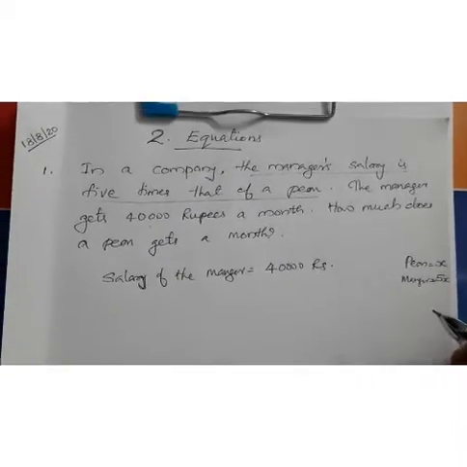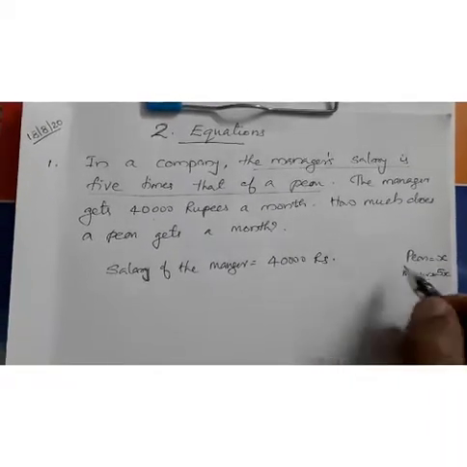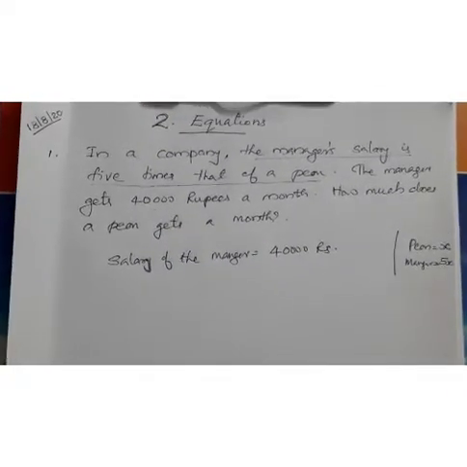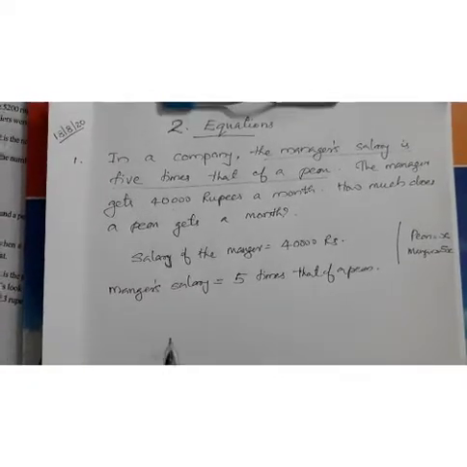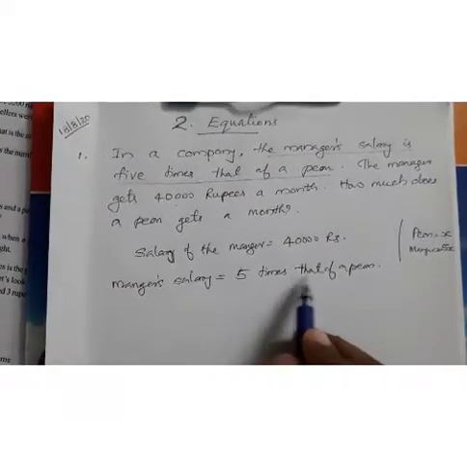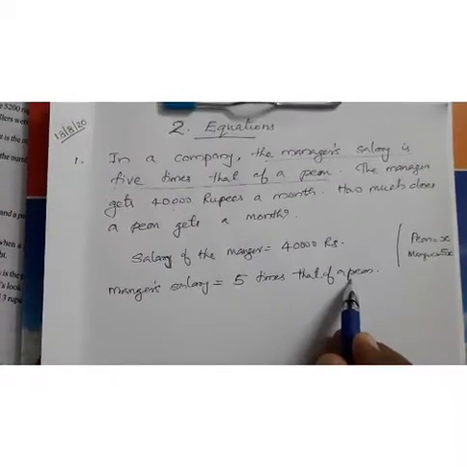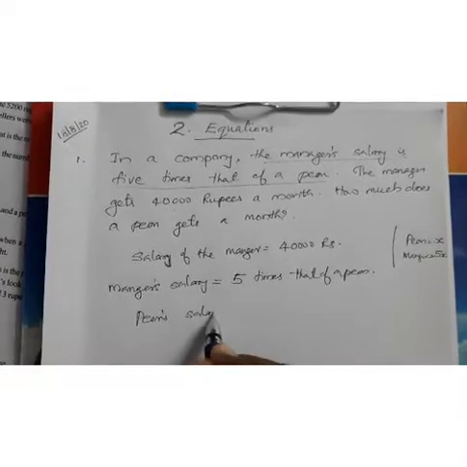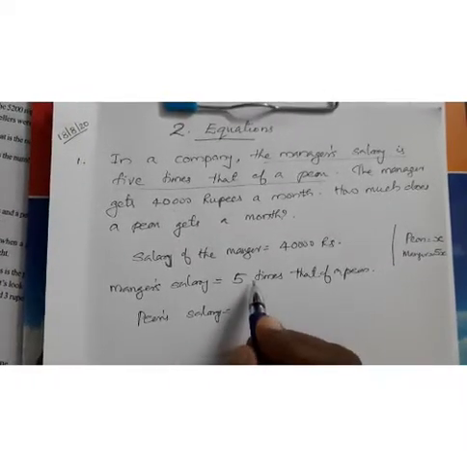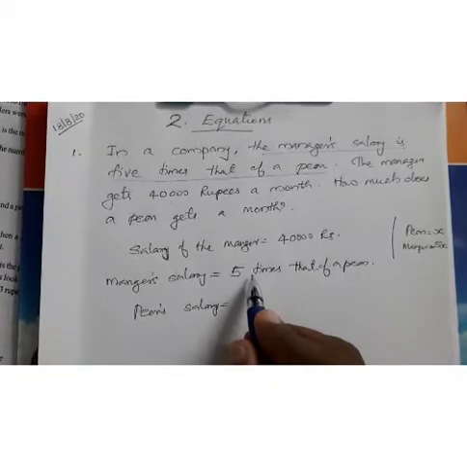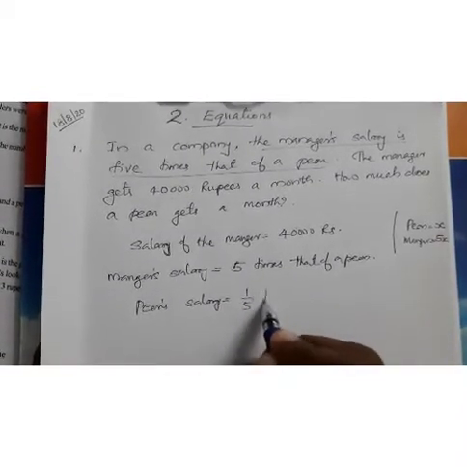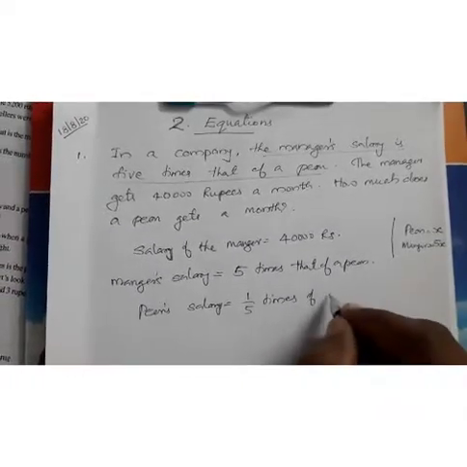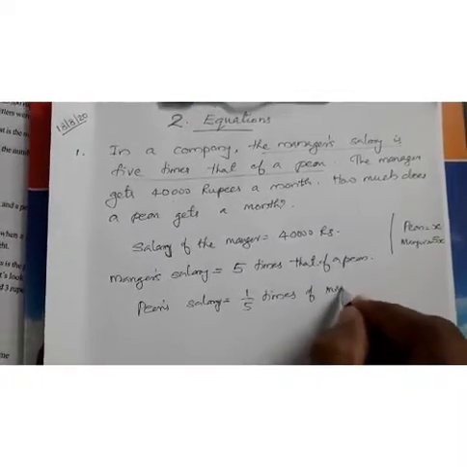So 5 times X. Either you can do it this way or any other way. Manager's salary is 5 times that of peon. Then what about the peon's salary? Peon's salary is equal to how much? 1 by 5 times of the manager's.